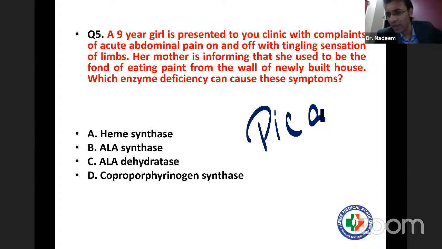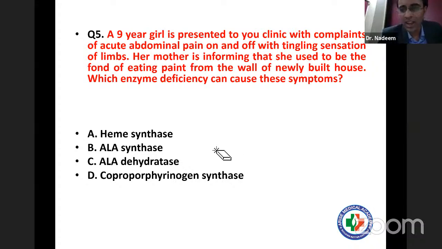Pica means appetite for non-nutritive substances like eating clay, sand, or chalk. So here my patient is fond of licking what? Wall paint, right? Wall paint.